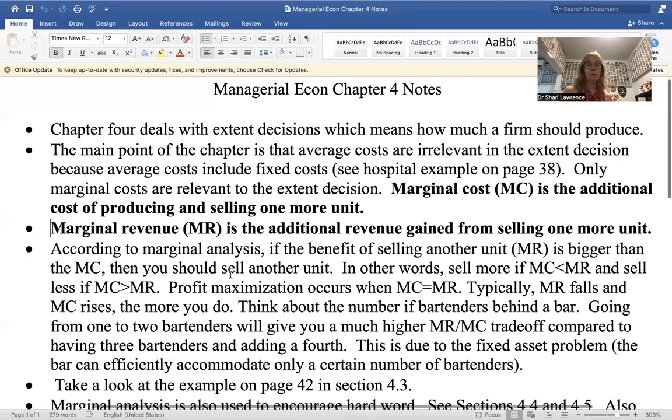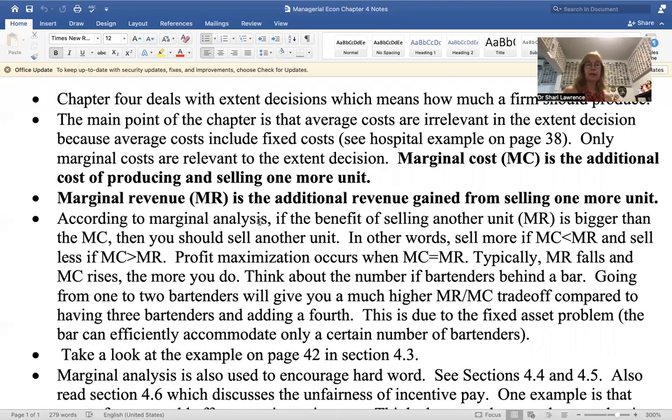According to marginal analysis, if the benefit of selling another unit is larger than the cost, then you should continue to produce more. In other words, if marginal cost is less than marginal revenue, you should sell more.